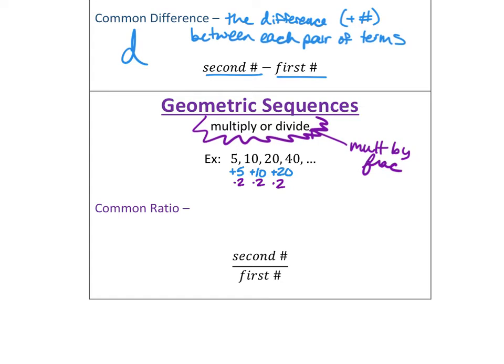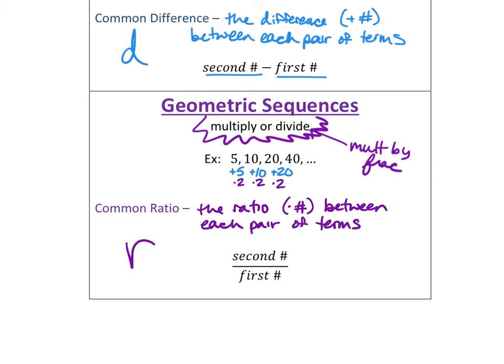Geometric sequences do not have common differences, they have common ratios, represented by the letter r. A common ratio is the ratio, or the number, that we are multiplying by, which could also be a fraction, between each pair of terms.